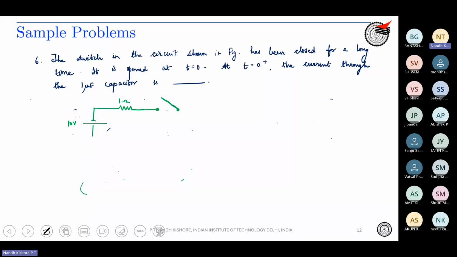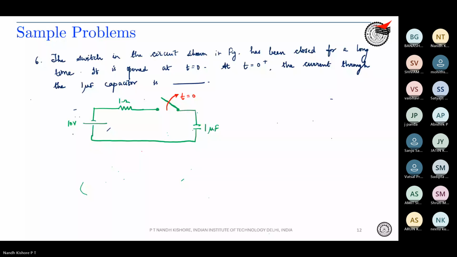There is a capacitor over here, which is 1 microfarad, and there is a 4 ohm resistor.